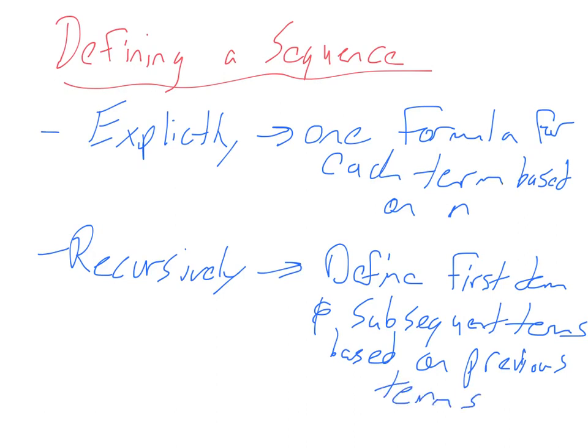But the big thing with recursion is that you're defining each term beyond the first or second one in terms of previous terms that you've calculated. So those are the two different ways to define a sequence.